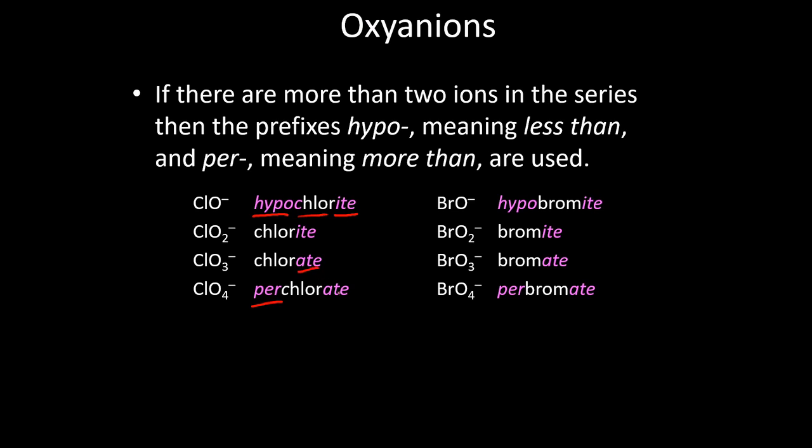So we still keep the ate and the ite, but because we have more ions in these longer series, we're going to add on the prefix of per and hypo. So again, perchlorate is the maximum number, chlorate is one fewer, chlorite is one fewer, and hypochlorite is the fewest. It's the smallest number of oxygens in the series.